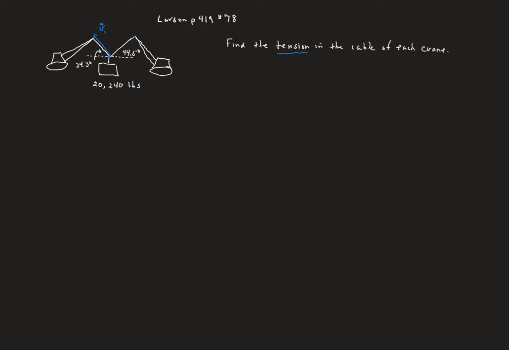And there's also a force coming along this cable coming out this way, and I'm going to call that vector V2. And then we also have this weight, and that's a force vector also that's going straight down, the 20,240 pounds.